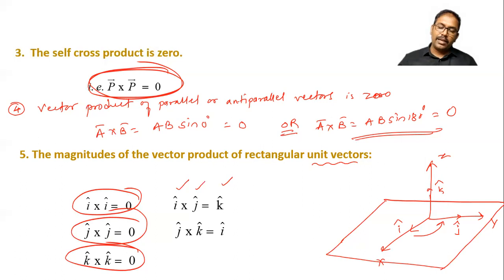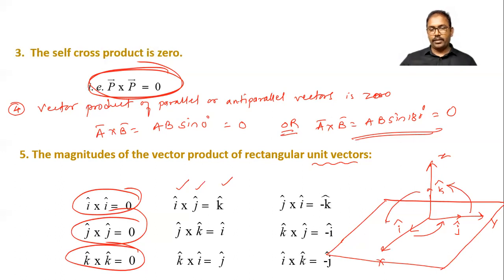You can see here j to k, it is I cap. In a similar manner, k to I, it is j cap. So this is the vector product of the rectangular unit vectors. In a similar manner, when I reverse the order, instead of I cap cross j cap, we take j cap cross I cap, then it is coming minus k.